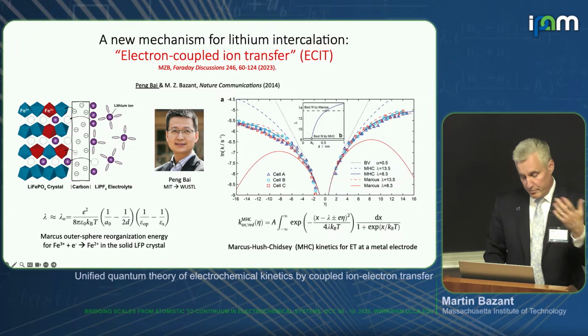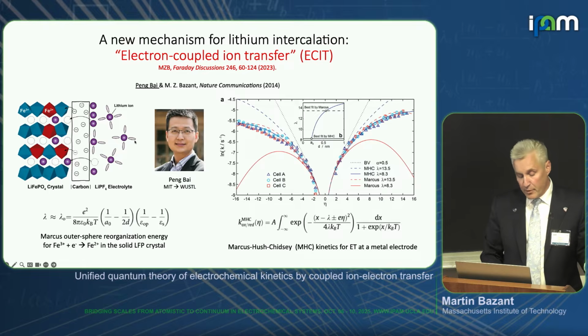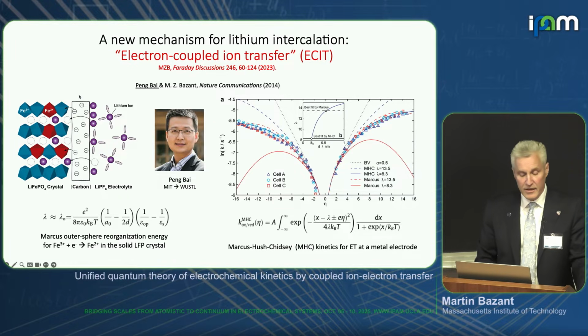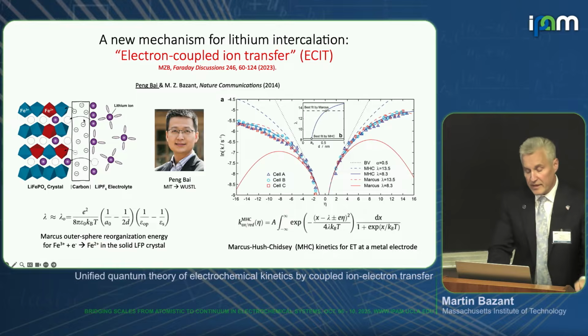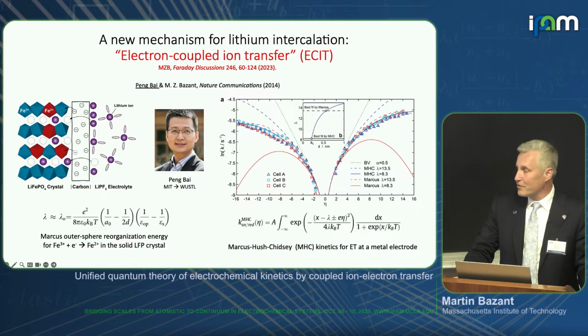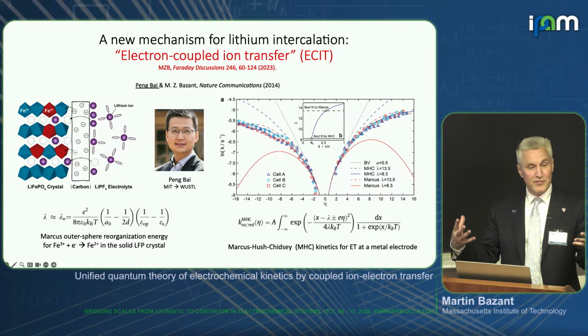And what Peng and I worked on here was the hypothesis that maybe the rate limiting step is actually not the ion transfer, but electron transfer, in this case from the carbon coating, which is essentially a metallic state, to the iron. Now LFP, as some of you may know, has other interesting phenomena, which I won't talk about so much today, like phase transformations.